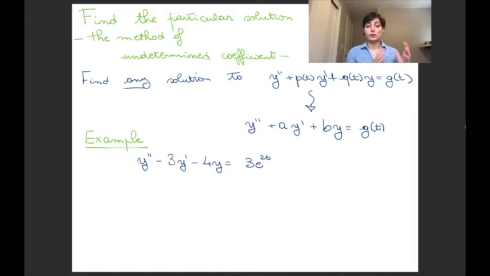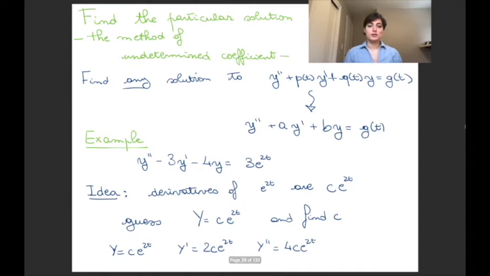If we look at this, we know how to solve the homogeneous situation, but the non-homogeneous is outside of our knowledge at the moment. But we can look at it with a lot of attention, I would say. And we remember that derivatives of the exponential of something times t are something times the same exponential.